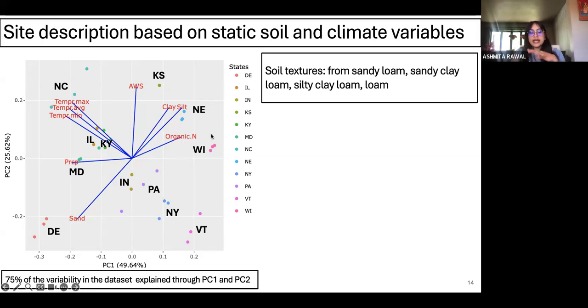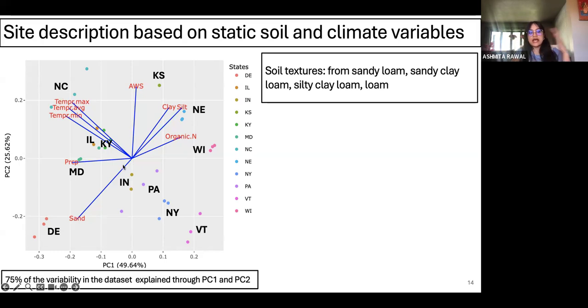So Nebraska, Kansas, Wisconsin have higher clay and silt percentage in their soil, whereas Delaware had more sandy soil. Maryland had more precipitation, whereas Wisconsin was towards a more positive organic nitrogen gradient, so it had more organic nitrogen in its soil.